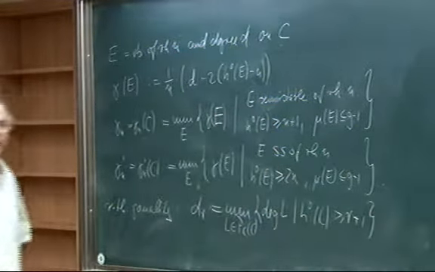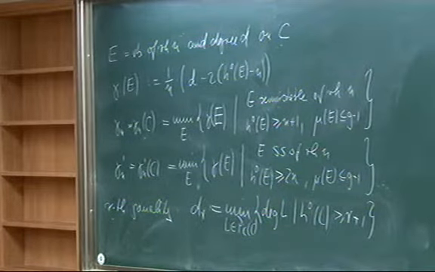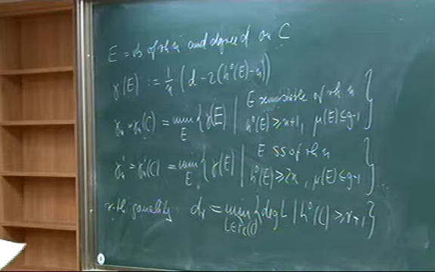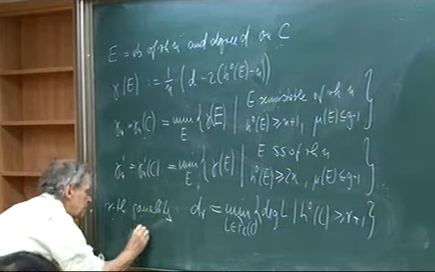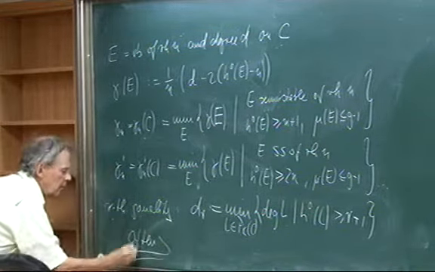So for r equal 1, this was the usual gonality. For r equal 2, this is the minimum of all degrees of maps of curves into P2.